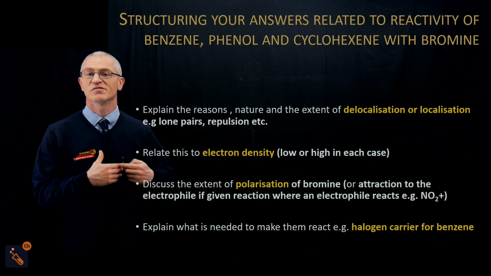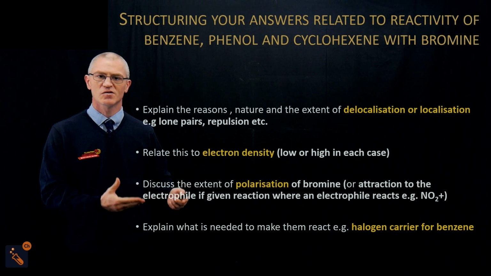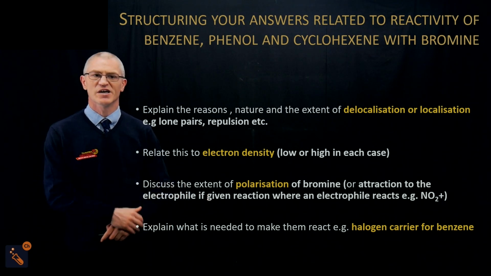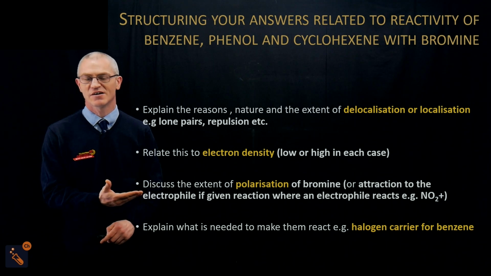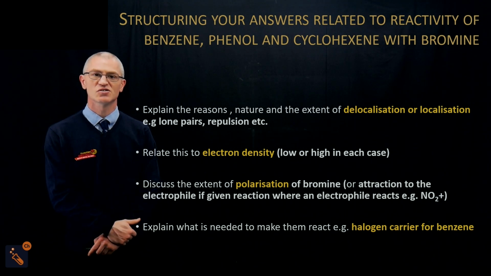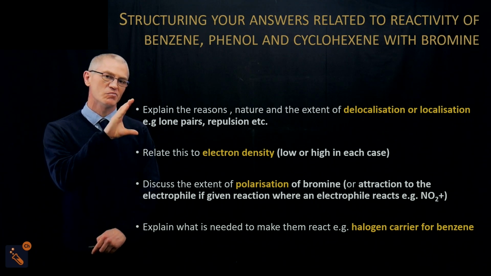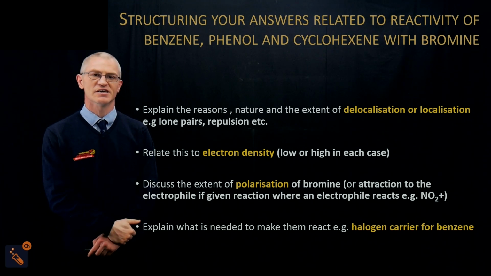Polarization is just for when you have created a dipole, but we'll talk about that in a second. And then explain what's needed to make them react. For example, you need to have a halogen carrier for benzene to react. It probably doesn't make too much sense now, but it will when I go over the next example.